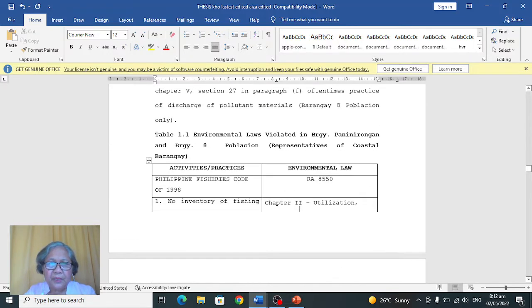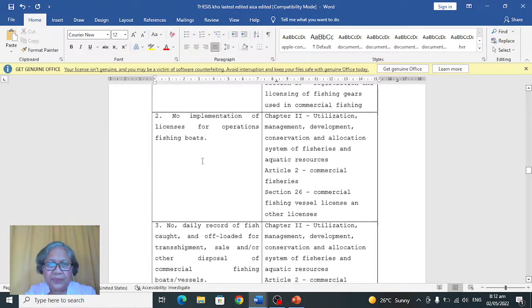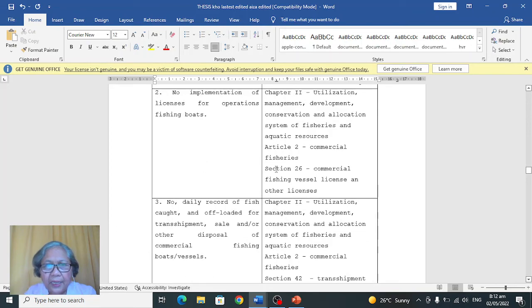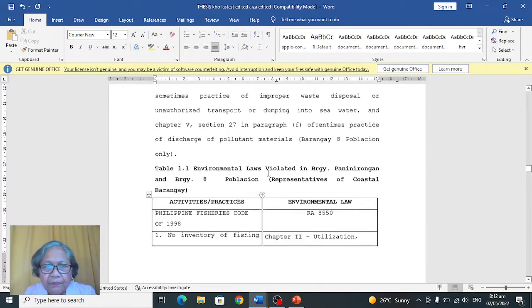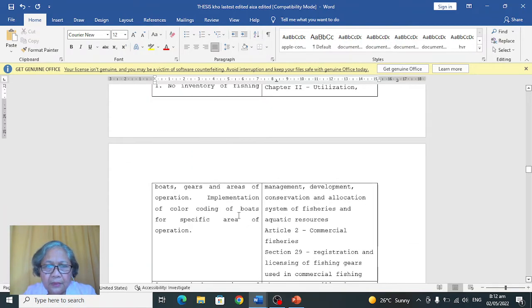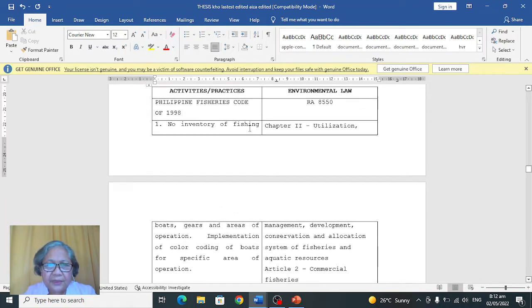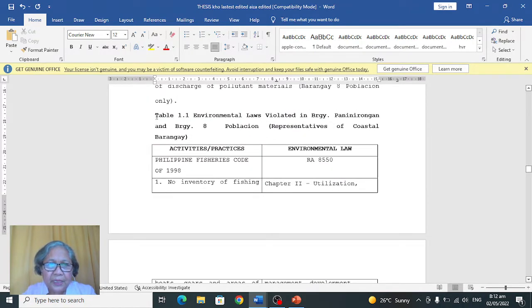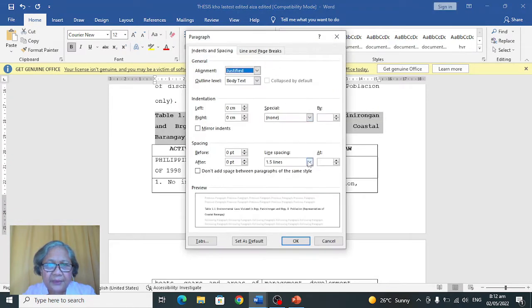Okay. So here, notice that table 1.1 is very long, no? And parang 1.5 ang spaces niya. So, in the table title, pwede siyang single space. Ano? Lagay natin single space.